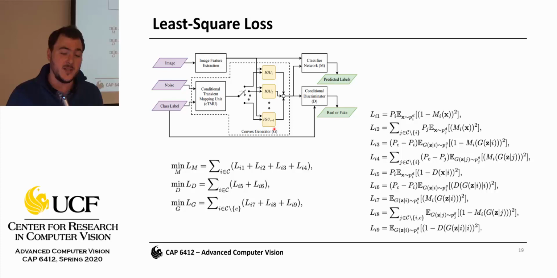So they try the least squares losses as well. And here is how they apply. For example, L1 to 5 is the loss for the classifier, 5 to 6 for the discriminator, and 7 to 9 is the loss for the generator. Likewise, when you train the generator, you don't tweak the weights of the classifier and discriminator.